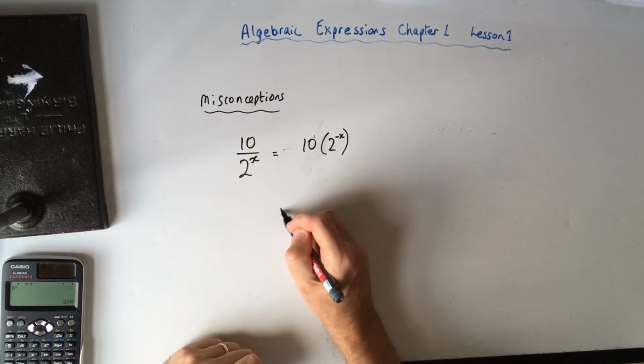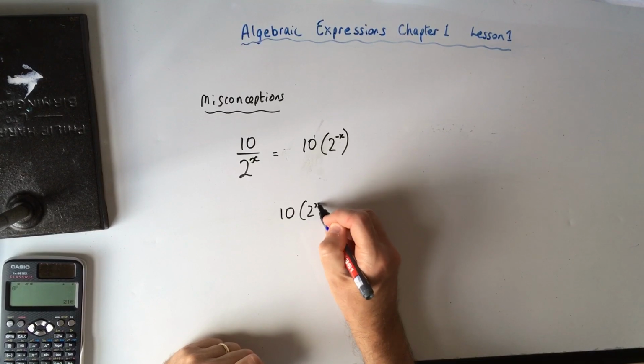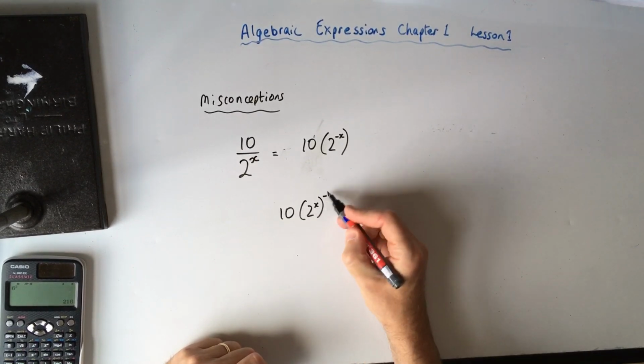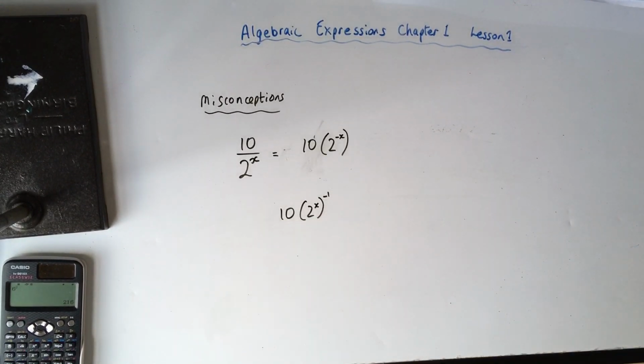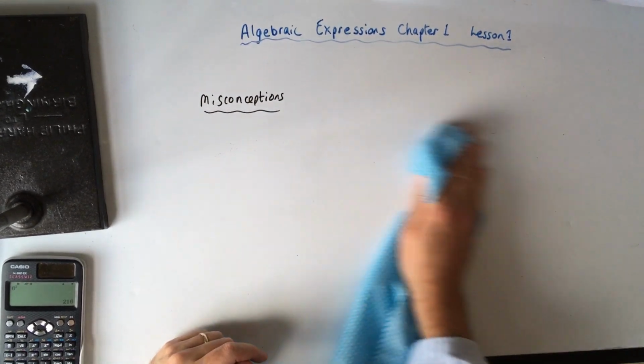So it's like 10 times 2 to the x, to the minus 1, and then you can multiply those powers out to be 2 to the minus x. So just be careful with those when you're moving stuff around with indices.